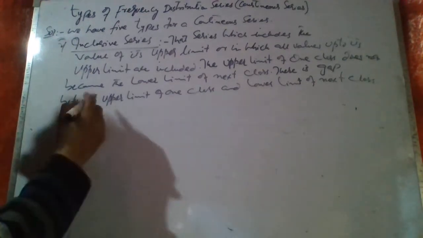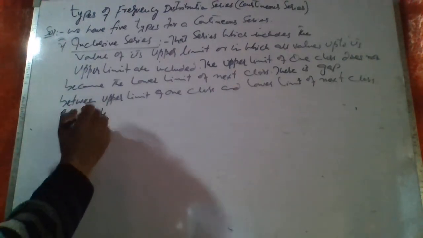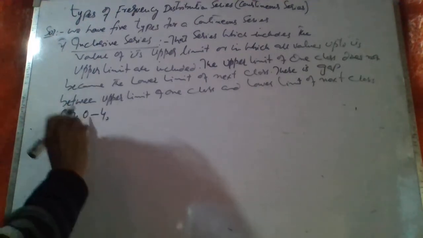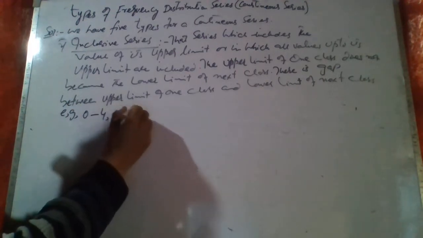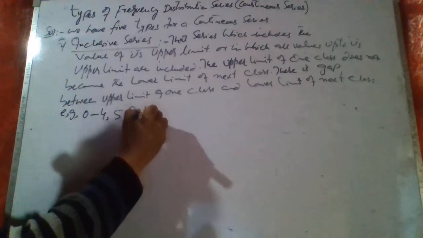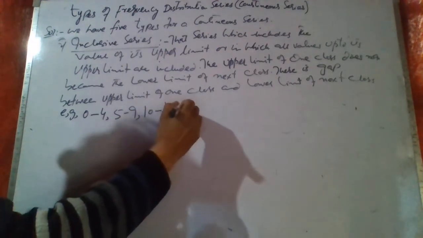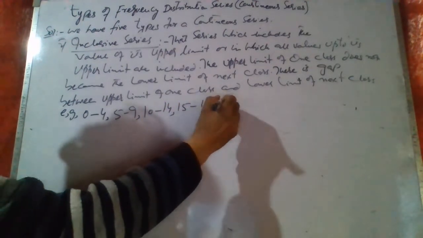Sorry, I will write it like this: 0 to 4. So all values from 0 to 4 are included in this class. 5 to 9, similarly 10 to 14, 15 to 19, etc. So classes are formed in this way.